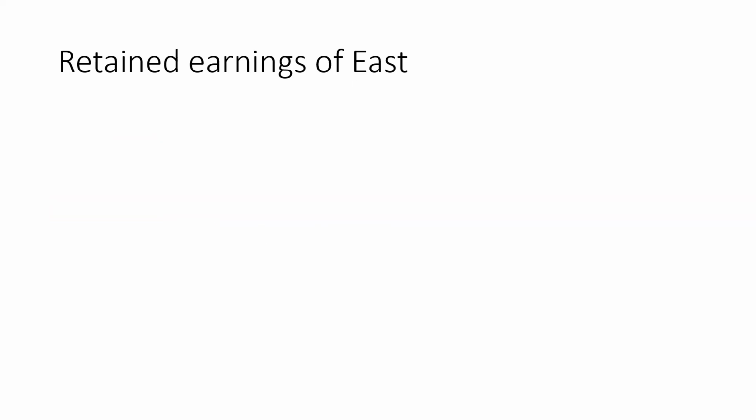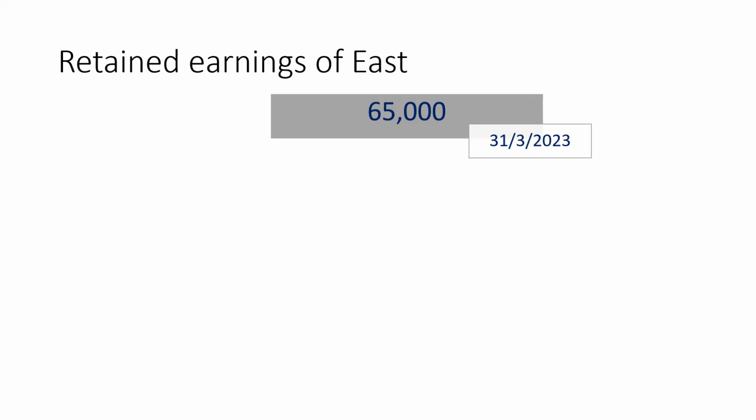Now let's analyze the retained earnings of East PLC from a different angle. You can remember 65,000 balance is there in the East PLC under retained earnings as at 31st March 2023.